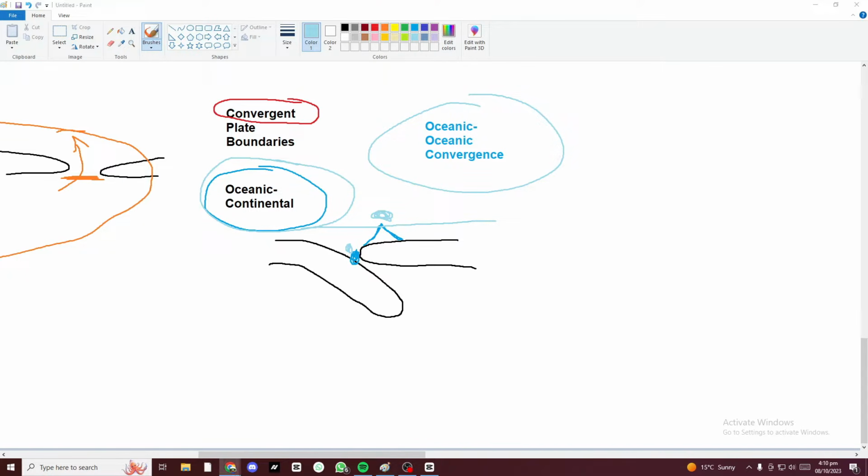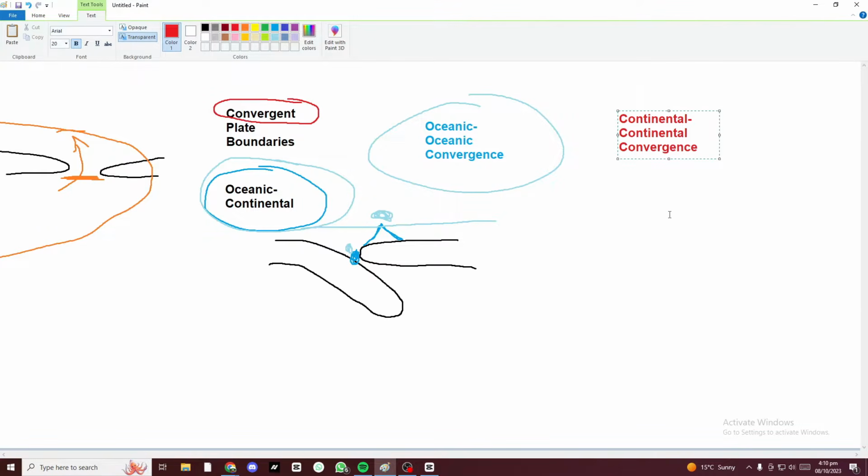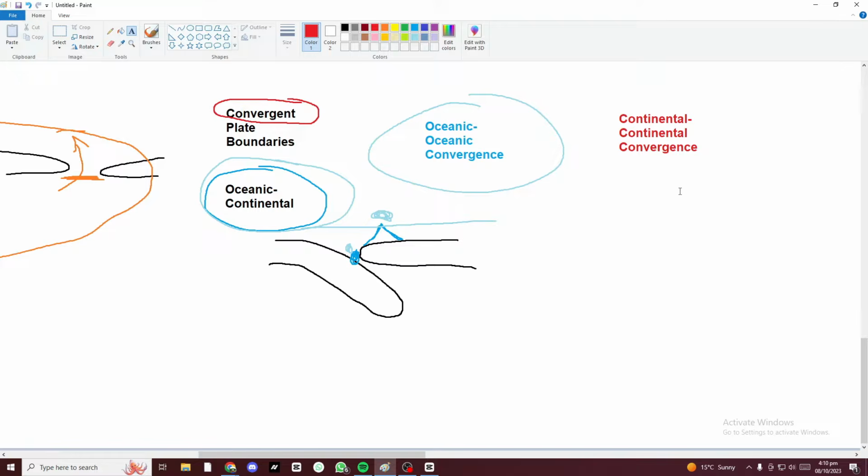However, continental convergence. Okay, let me just make sure I get a different color. Continental convergence results in both plates being squashed together. So both plates are being squashed together, and then this will form vast mountain ranges such as the Himalayas.